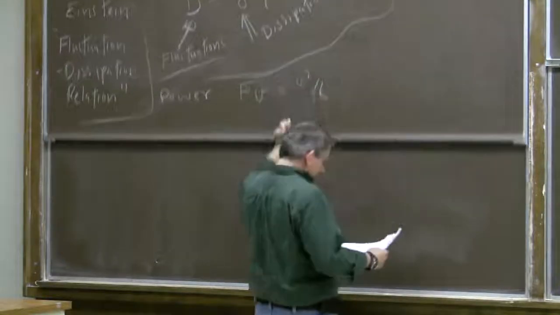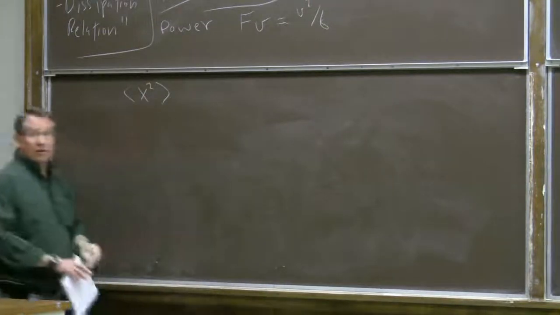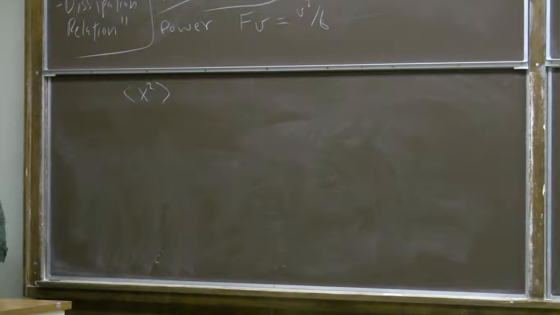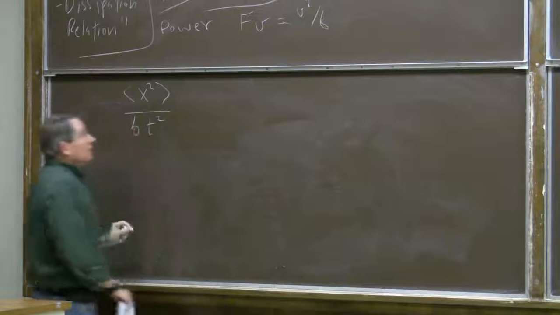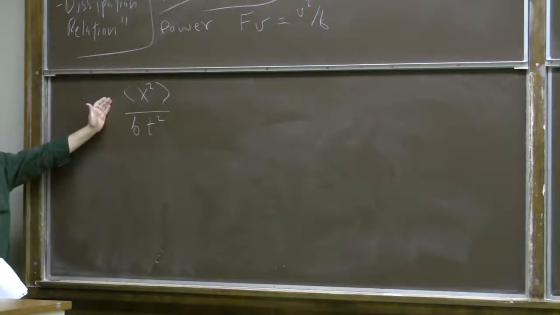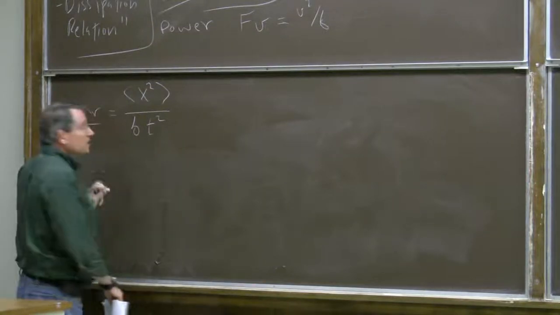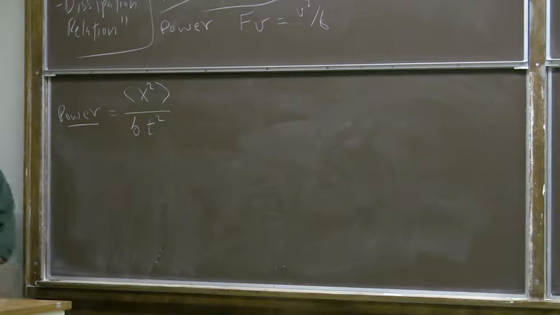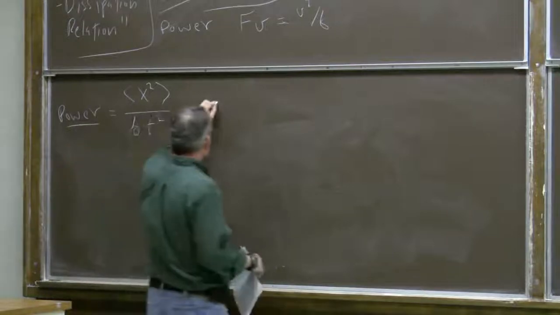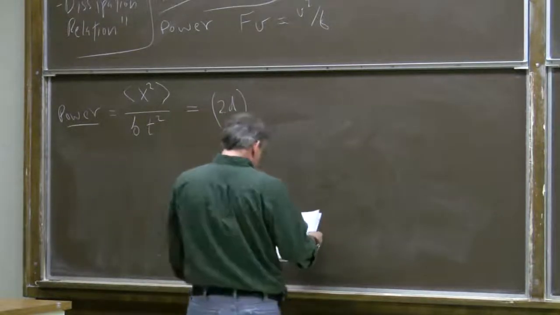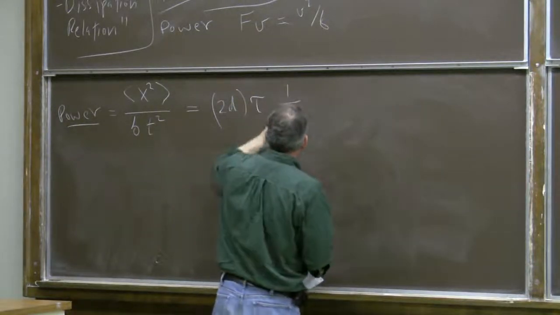And so if I look at the mean square distance traveled by a diffusing particle and divide by t squared, this is like v squared over b. So it's something like the power being dissipated by the diffusing particle subject to the force. And in d spatial dimensions, it would be equal to 2d times the temperature times 1 over t.